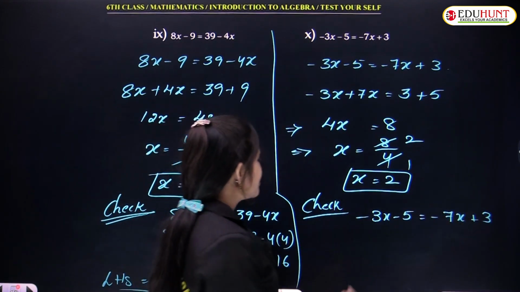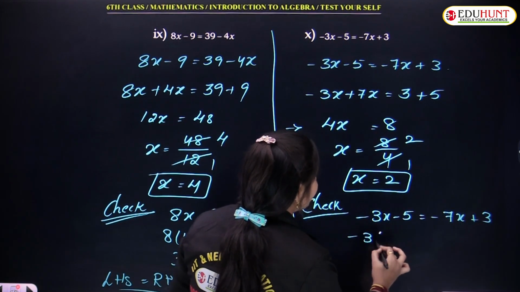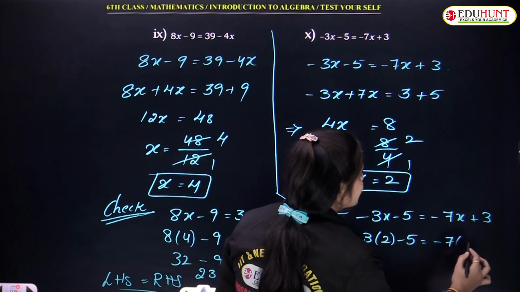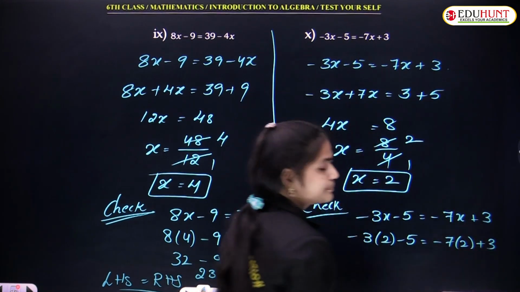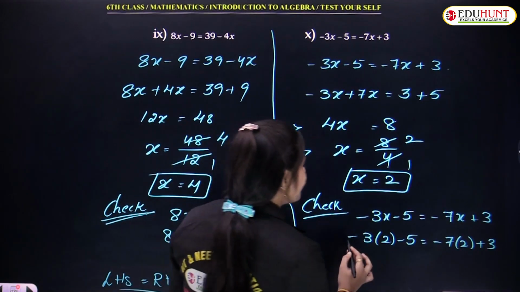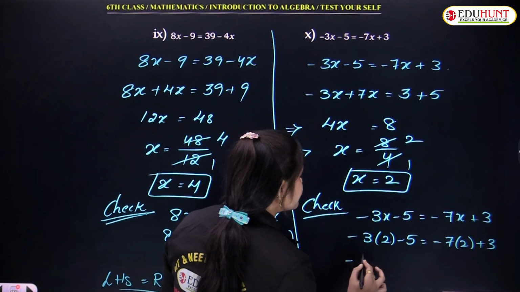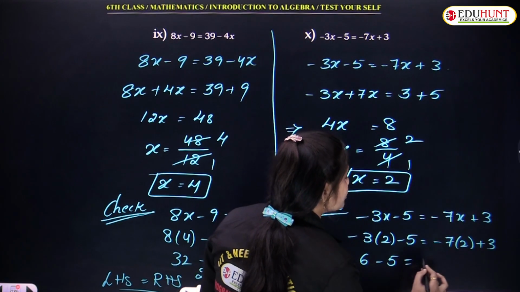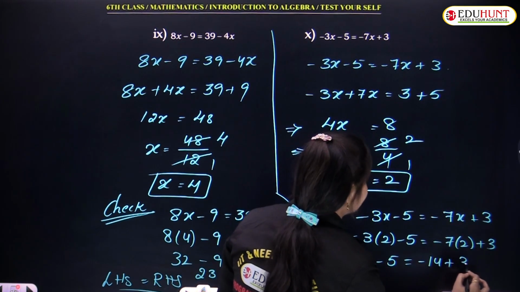Substituting x is equal to 2: minus 3 into 2 minus 5 is equal to minus 7 into 2 plus 3. Minus 3 into 2 is minus 6 minus 5, which is equal to minus 14 plus 3.